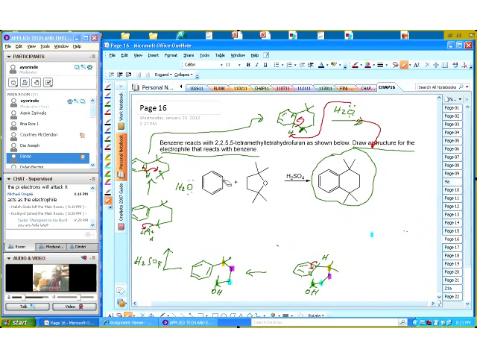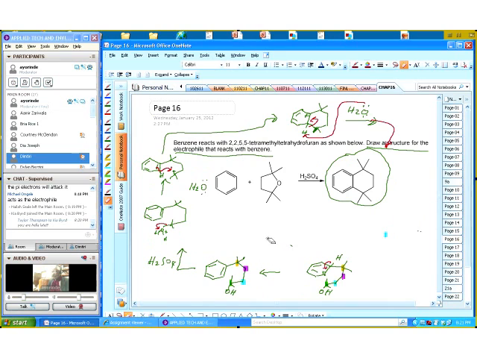So if somebody asks you to write a mechanism for a reaction similar to this, you're going from here to here. The essence of all of this is that it's almost as though we are doing two different types of alkylation.